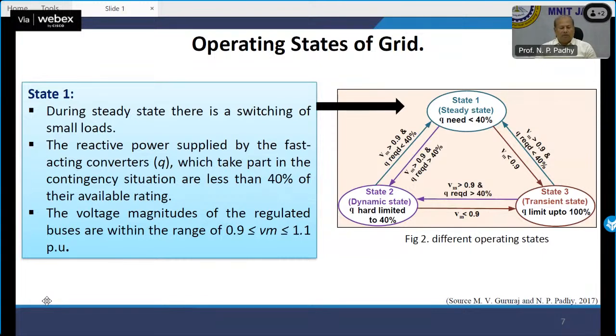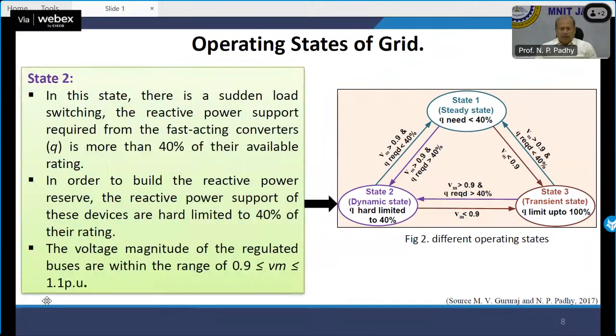So if all the converters are not very heavily loaded, whatever the small variation in the system, they can easily handle it. The voltage magnitude of the regulated buses is within the range of 0.9 to 1.1. So every time you see 230 volt become 220 or 235, small oscillation goes on, okay? So that is my state number one.